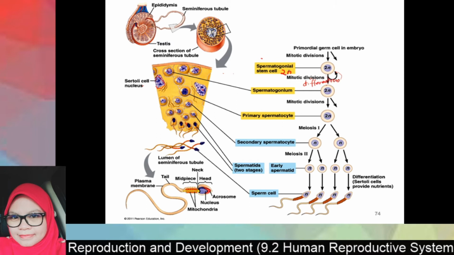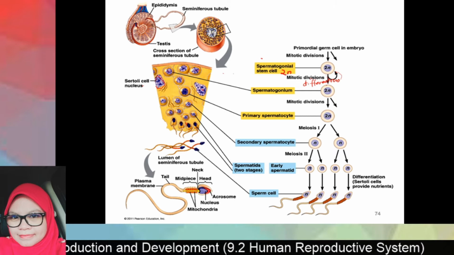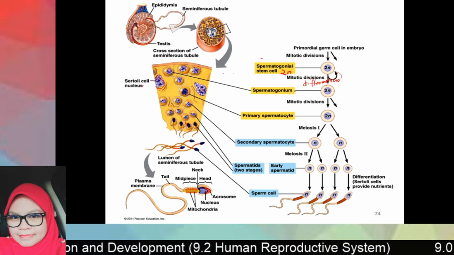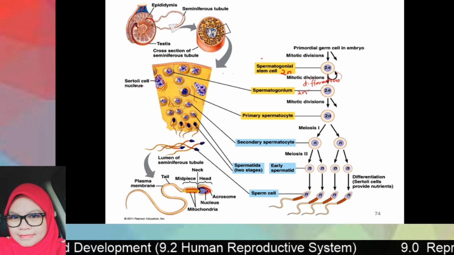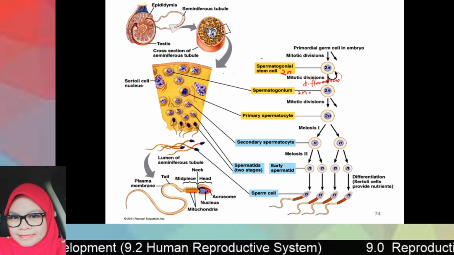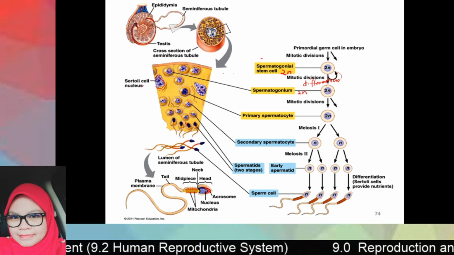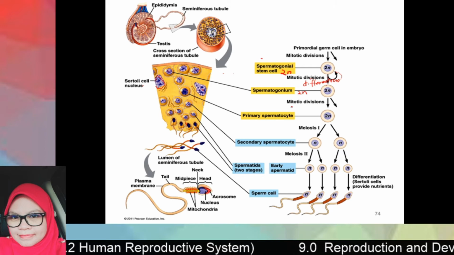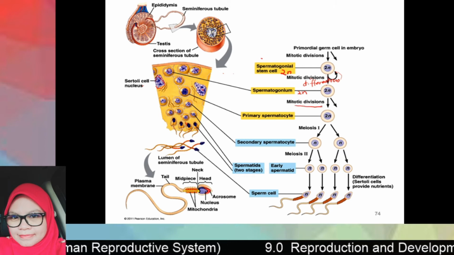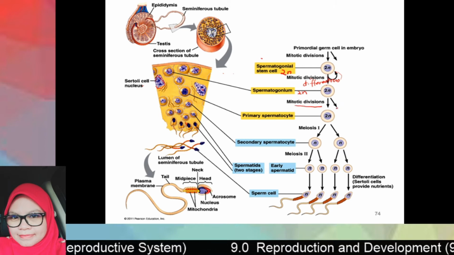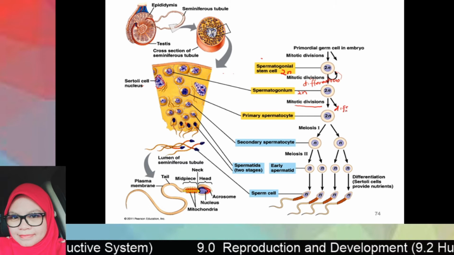So now the spermatogonial stem cell is known as a spermatogonium, also a diploid cell. And then the spermatogonium may undergo mitotic division and also undergo differentiation.